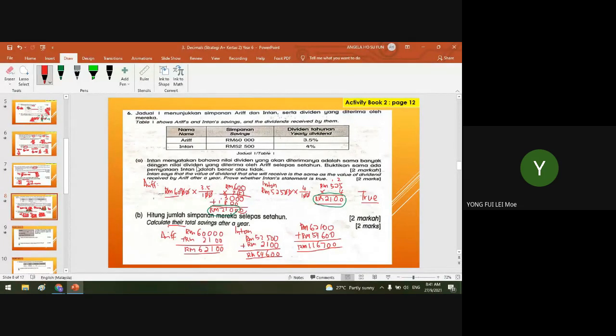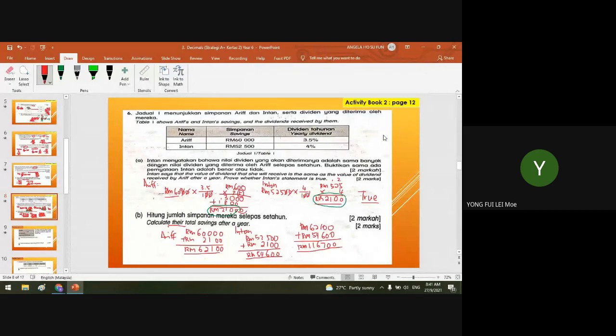Okay, if you say Intan, for me, personally, Intan made a smarter choice because she knows where to find a better investment percentage. Yearly dividend 4%, which is good. But on the other hand, Arif saved more money than Intan.